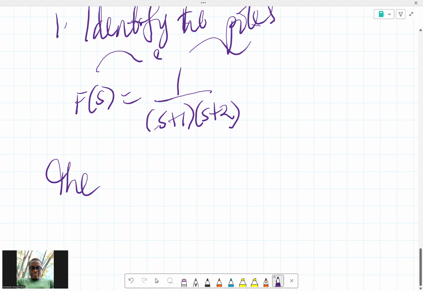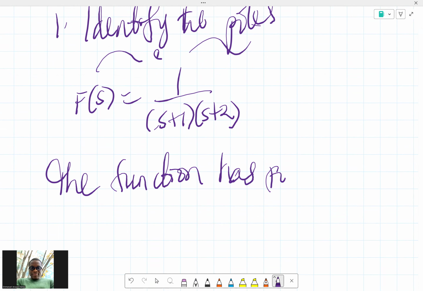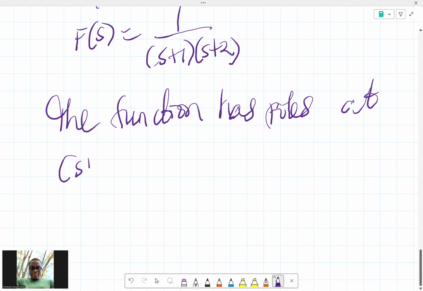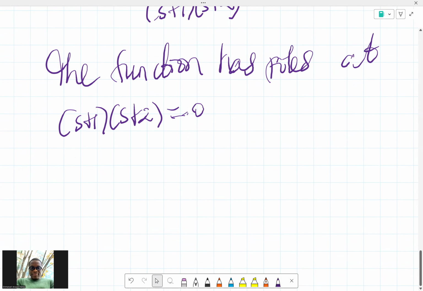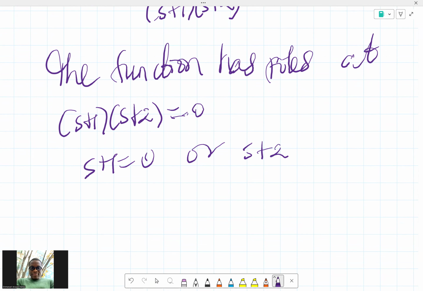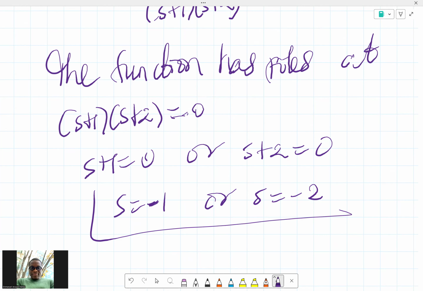So the function has poles where (s plus 1)(s plus 2) equals 0. Wherever this is 0, the function will have singularities or points of discontinuity. That means s plus 1 is 0 or s plus 2 is 0, so s is equal to minus 1 or s is equal to minus 2. So these are the poles.